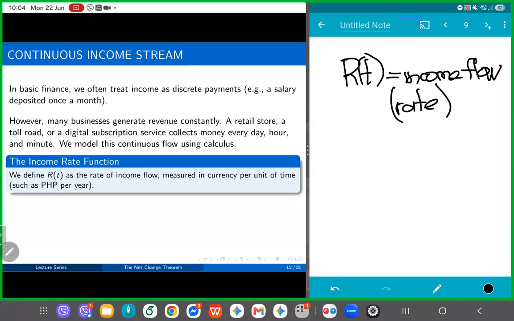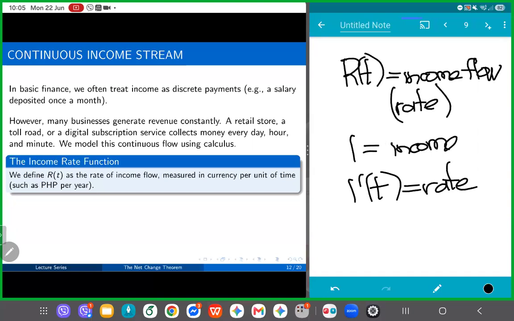So if income is given by I in terms of time, then the derivative is the rate. But sometimes we use the symbol capital R to denote the income flow, or the rate of change of income, the derivative of income.